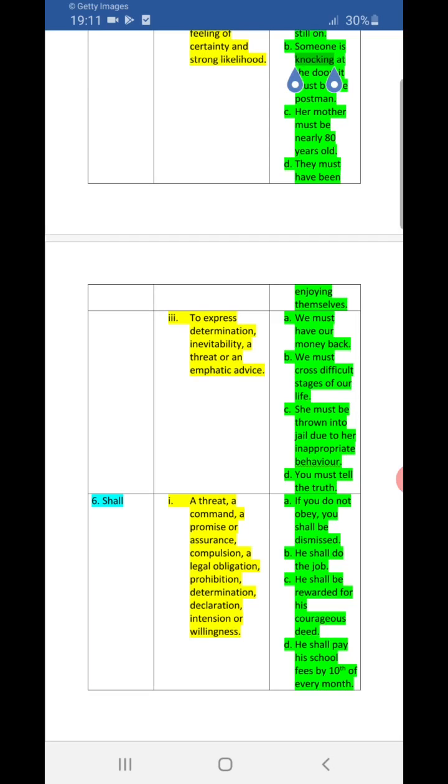Example number A. We must have our money back. So it's a kind of determination. Suppose someone has cheated us and we want our money back. So we must have our money back. Okay. Next one.